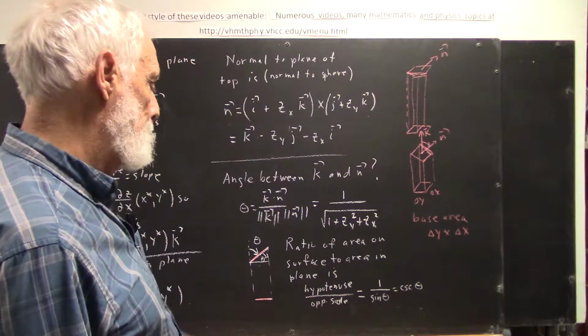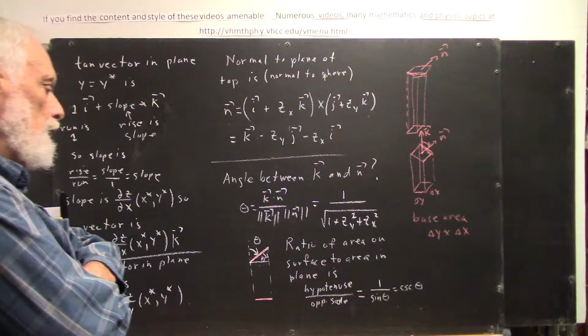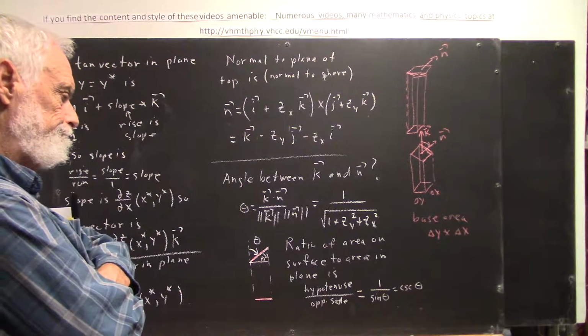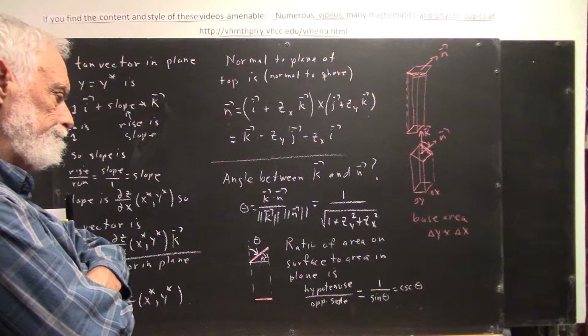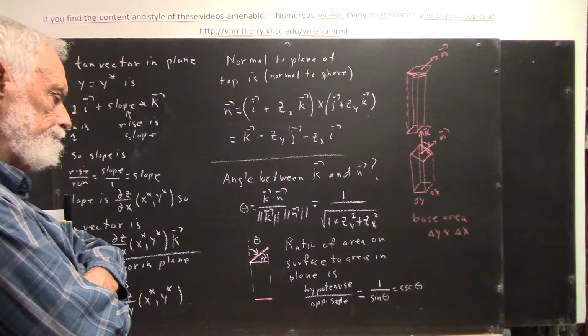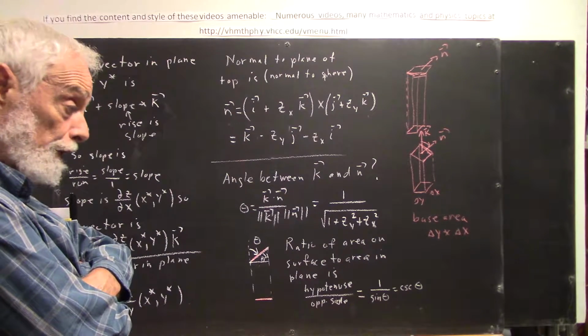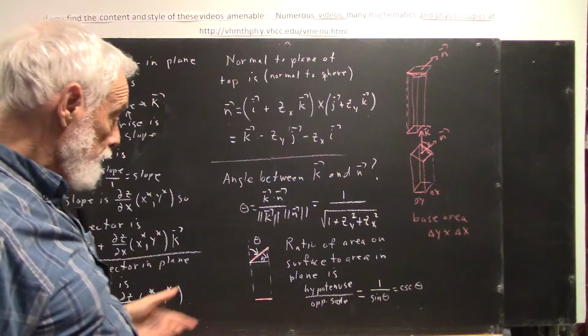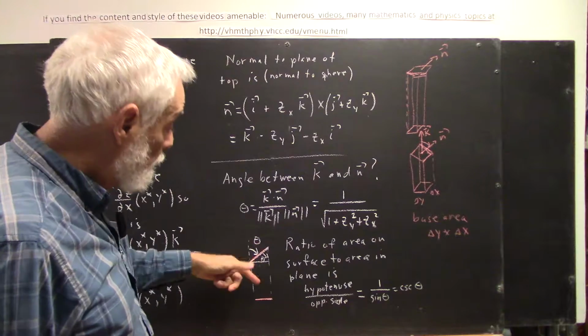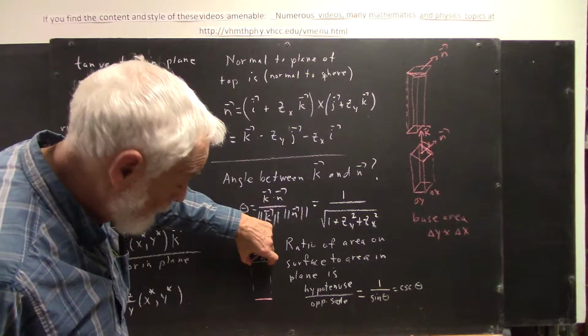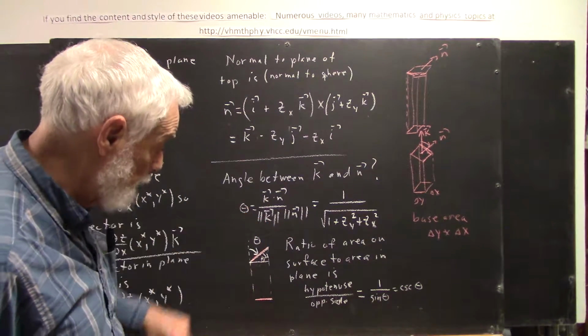Okay, now that makes a certain amount of sense. If theta was 90 degrees, then the hypotenuse would coincide with this side.